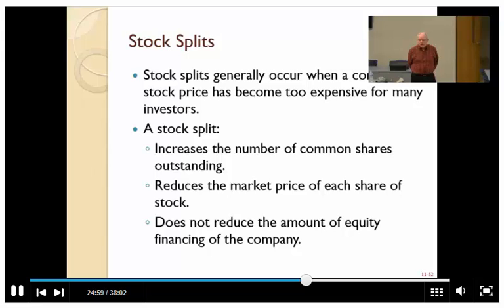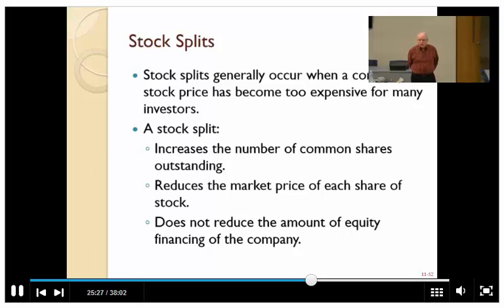So what a stock split does, in other words, a 2-for-1 stock split. Let's say your stock had a $10 par value, and you had 100,000 shares outstanding. If you did a 2-for-1 split, you'd now have 200,000 shares outstanding, and the par value would be cut in half from $10 to $5.